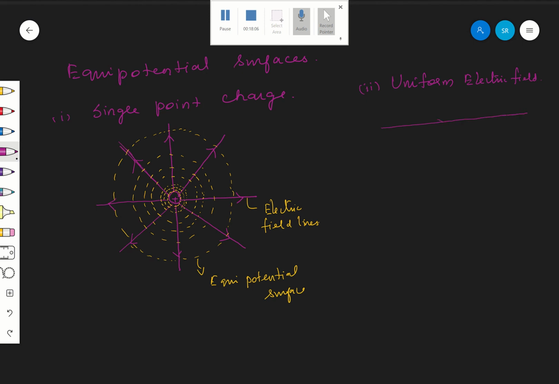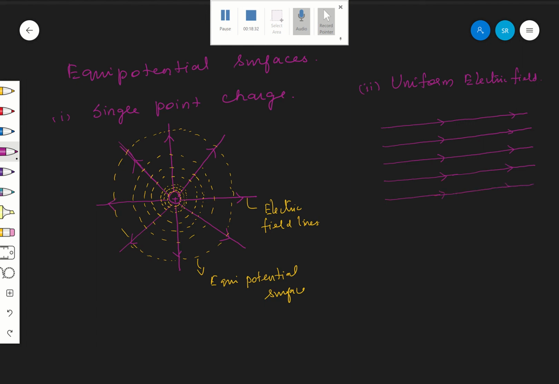Therefore, let me draw parallel lines. These are nothing but the electric field lines for a uniform electric field. Okay, the field lines are ready.